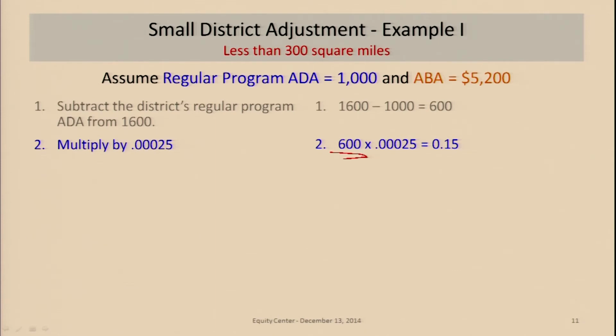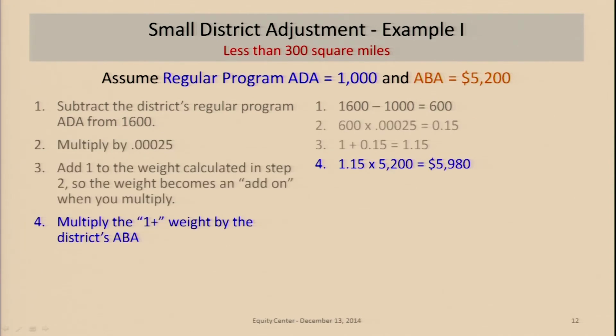There it is right there. And you multiply it by the weight. Now in this case, you have the district that's less than 300 square miles, so their weight is 0.00025. You multiply the 600 number by that weight, and that's the operational weight for this small district, 0.15. Of course, when you multiply by weight, you have to add a 1 back in front of it.